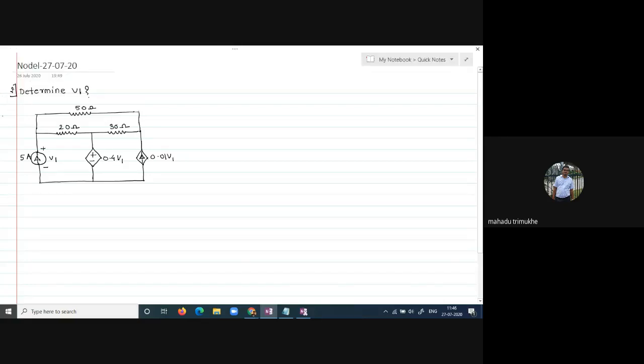The first node I assume here V1. Second node I have assumed here V2.